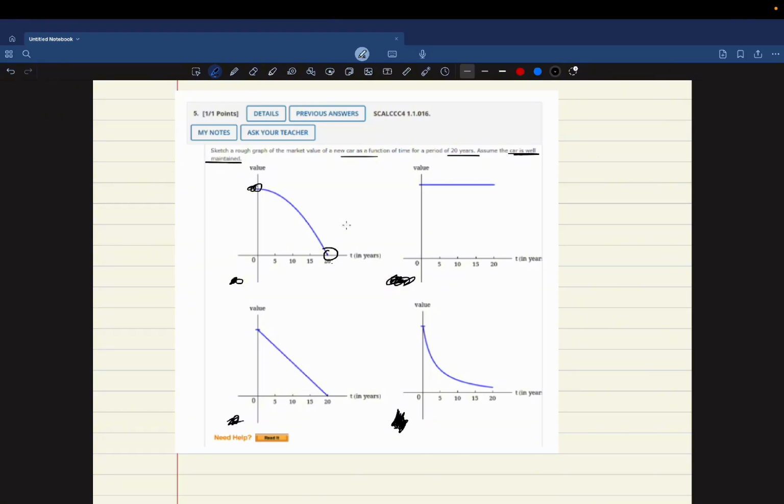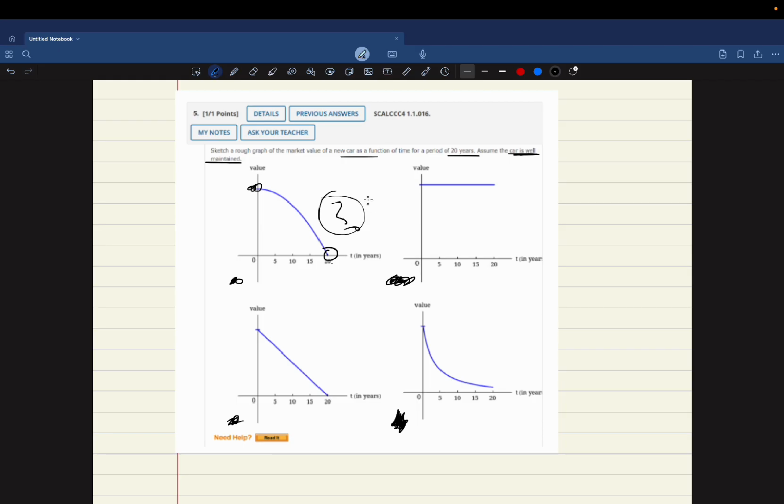So the value of the car in 20 years cannot be 0, or it is not likely to be 0. It can be degraded, but it's not like it is not worth anything at all. So let's keep it in doubt. One of the least possible answers.